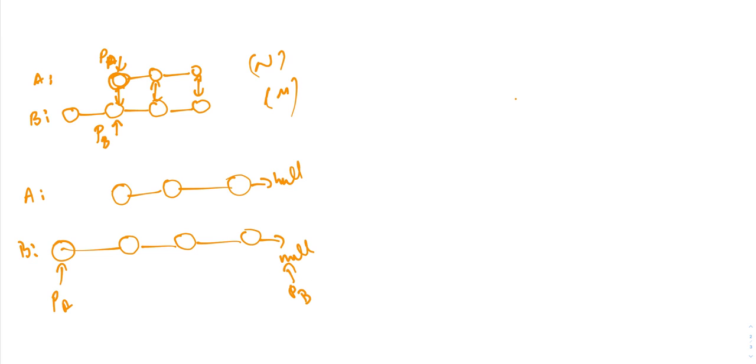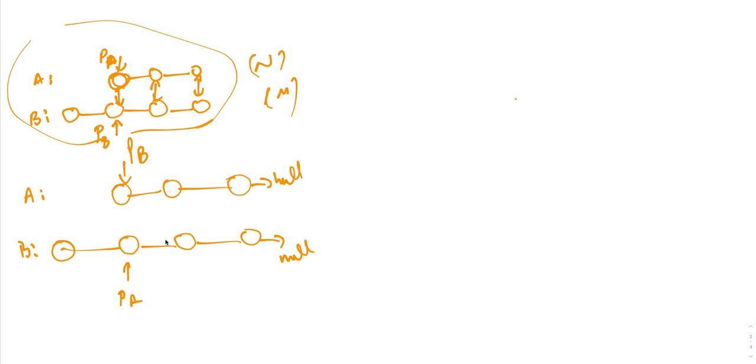Now in the next iteration, PA would be here, and PB, like PA, will go to the other list's head. Oh, does it look familiar? Yes, it does. We have now the same situation as before. And now what we can do is compare PA and PB until we find the correct intersection.